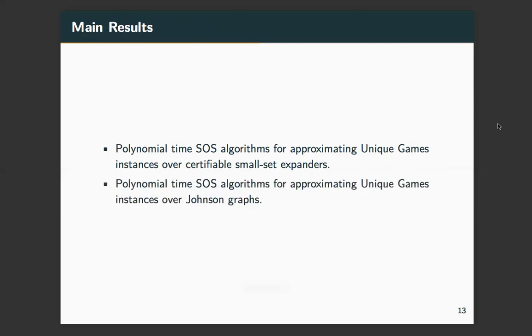We also give polynomial time SOS algorithms for approximating UG instances over Johnson graphs. Johnson graphs are not small set expanders, but they have a nice characterization of all the non-expanding sets. And we are somehow able to use this characterization, and I will elaborate on this more later.